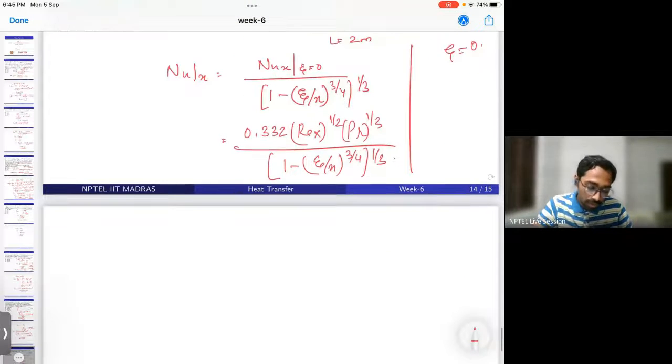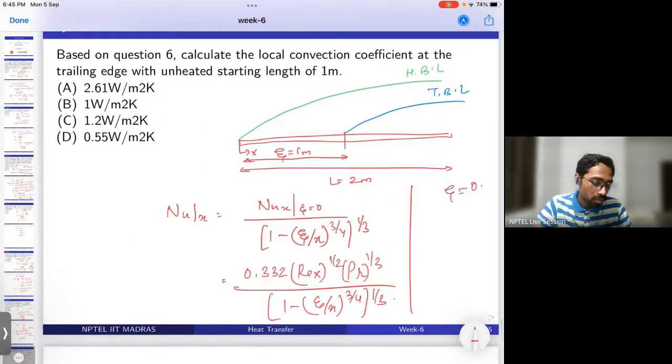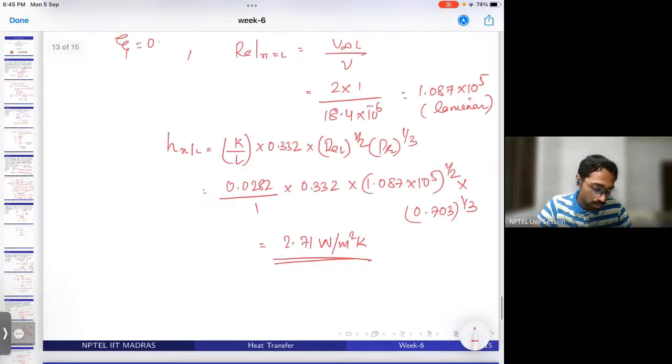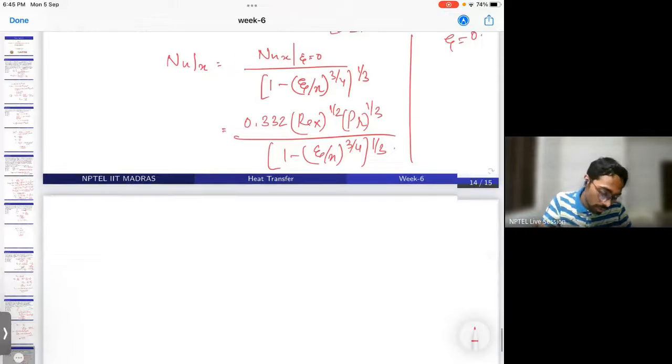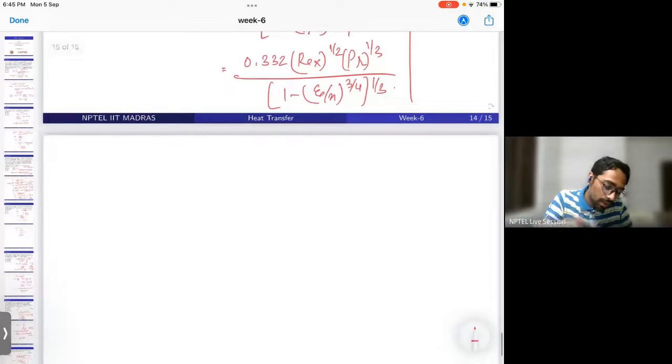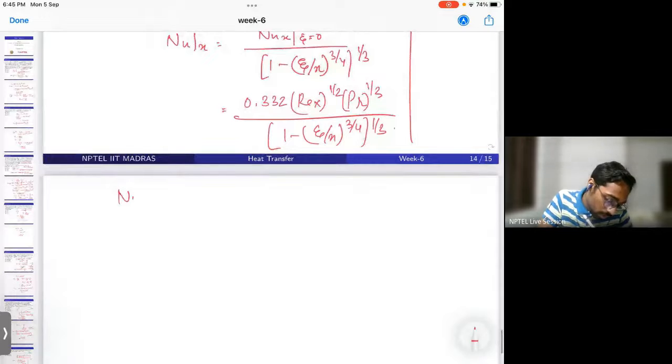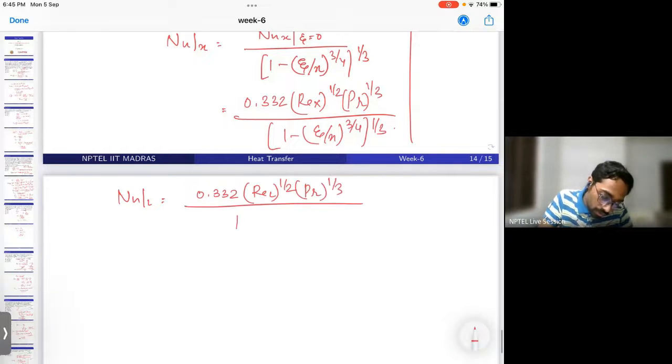But here we are asked to find the heat transfer coefficient at the trailing edge, right? So here x is equal to L, so at L we need to find it. So Nu at L is equal to 0.332 Reynolds number L raised to 1 by 2 and Prandtl number raised to 1 by 3, divided by 1 minus (epsilon by L) raised to 3 by 4, the whole raised to 1 by 3.